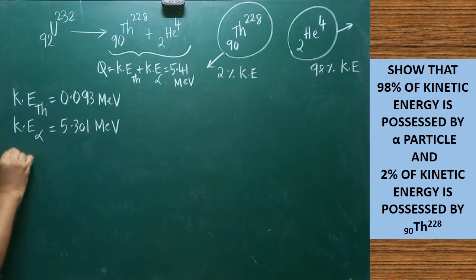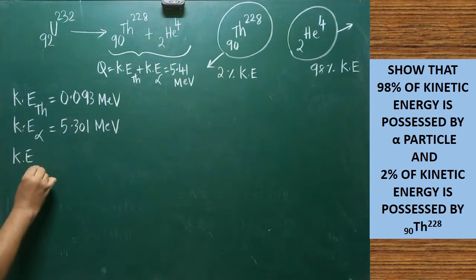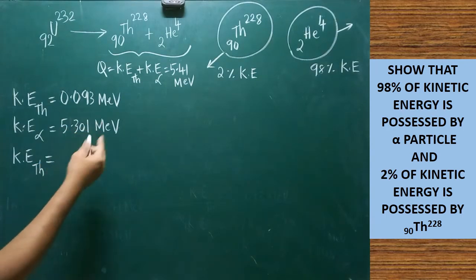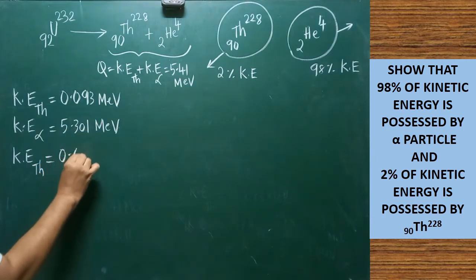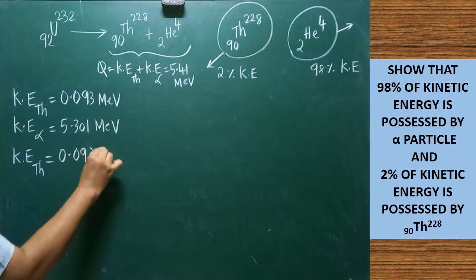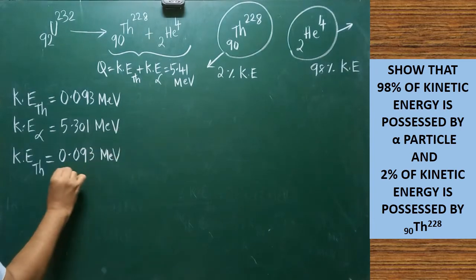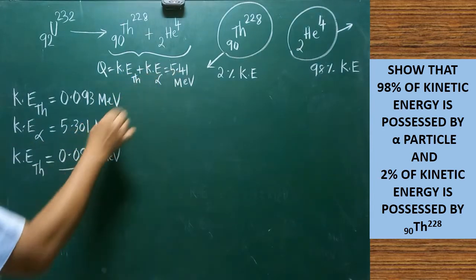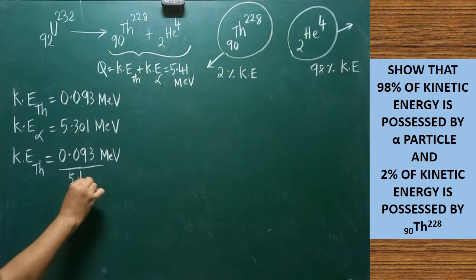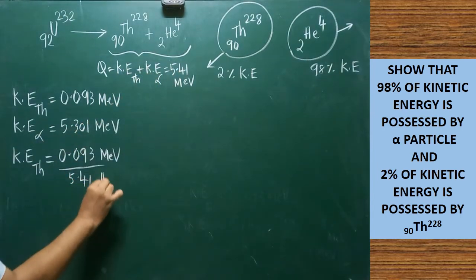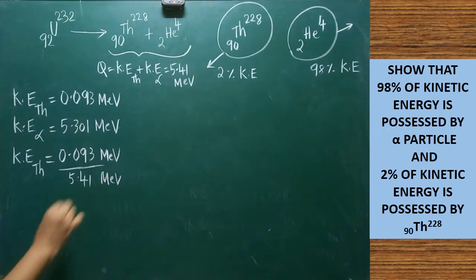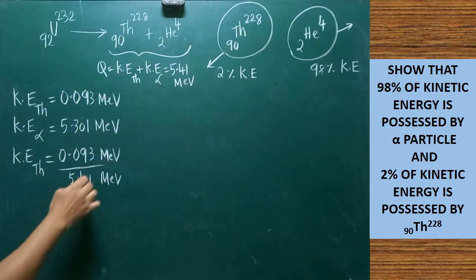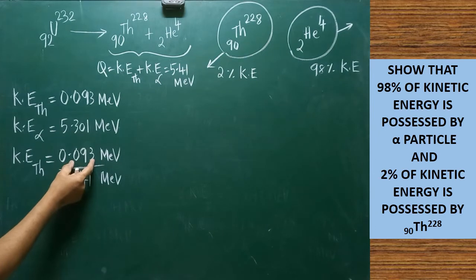How to do this? The kinetic energy of thorium is to be represented in terms of percentage. 0.093 million electron volt whole divided by, if you add both you will get 5.41 million electron volt. So that is the total energy possessed by both, and this is the energy possessed by which one?